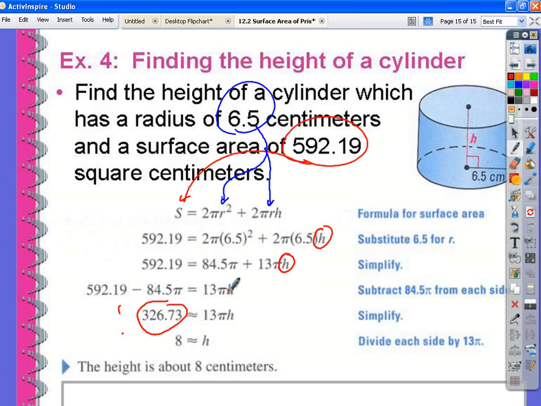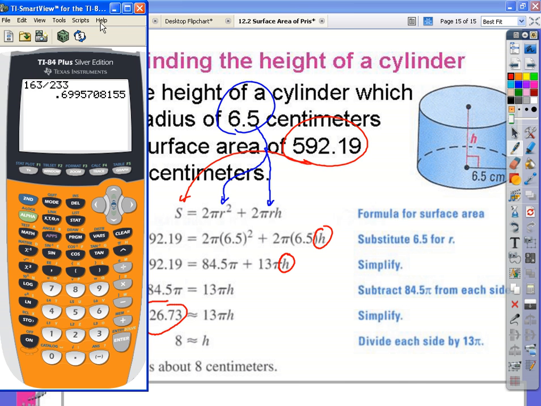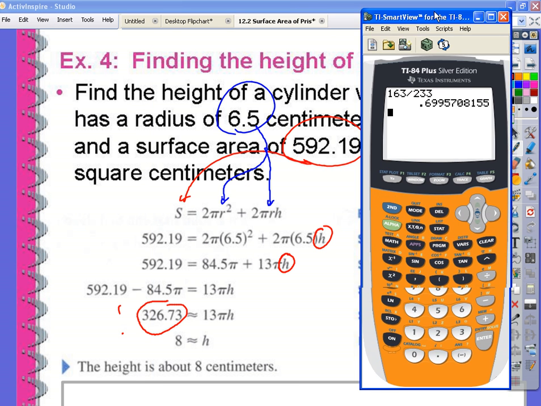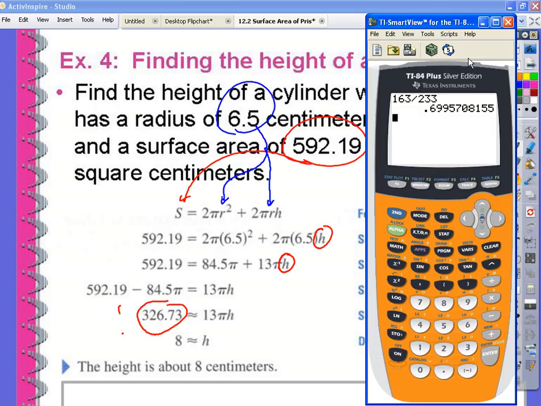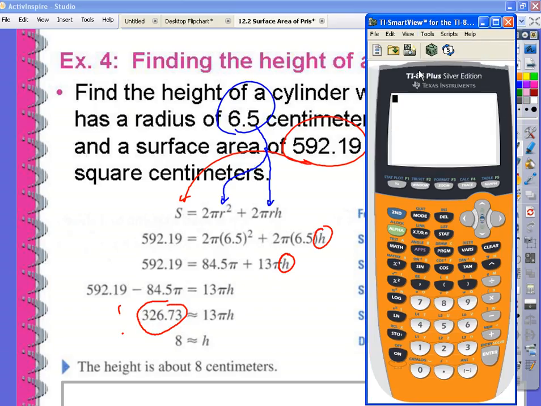Okay, so if I want to put this in the calculator, and you can do this, by the way, you could do this right from here into the calculator. If I want to solve for h, getting the h by itself, I'm going to have a 592.19, right? So I can put that in parentheses, because I'm going to end up dividing 592.19.